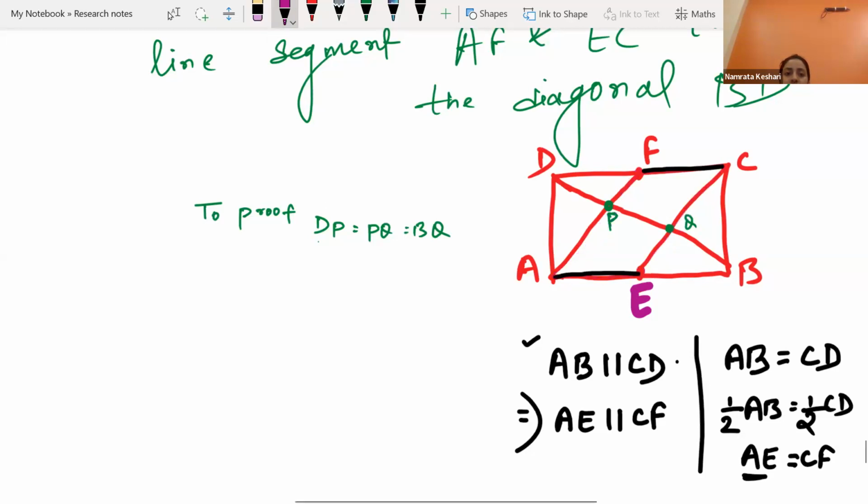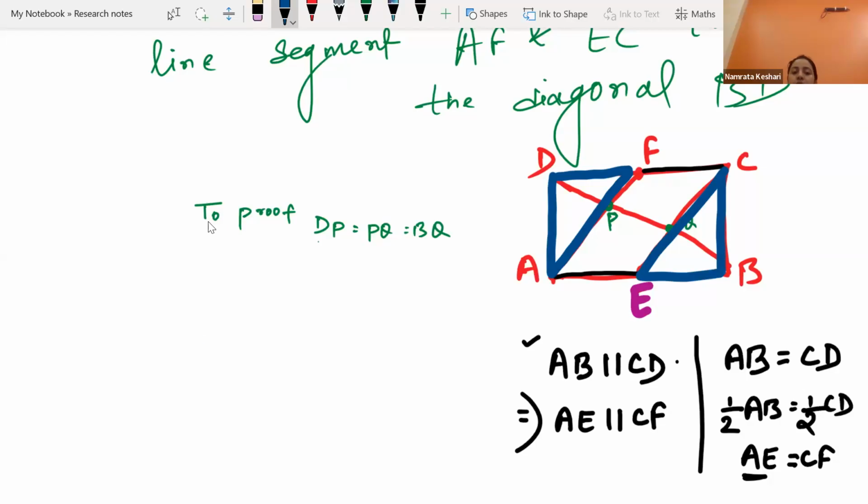Ma'am, done. Okay, Afrin, how have you done it? Ma'am, we know that the opposite sides of a parallelogram are equal. So AB will be parallel to DC and AE is also parallel to FC. And AB is equal to DC, which I marked as equation 1.